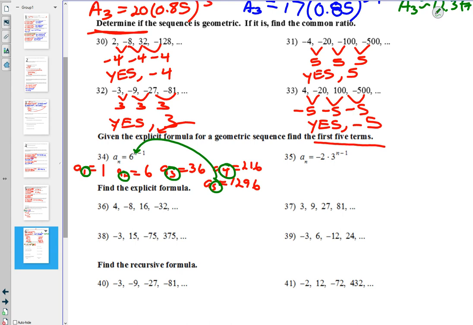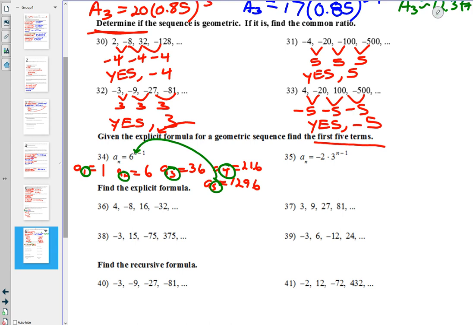Any time they want you to find numbers that are back to back to back, do it recursively. Unless they ask, what are the 47th, 48th, and 49th? Then the first one you'll want to find explicitly, because you don't want to multiply 47 different times. But once you find one of them, as long as you know the common ratio.